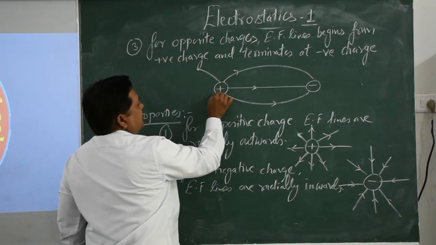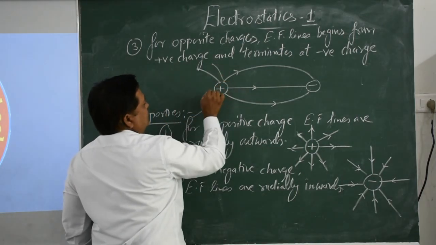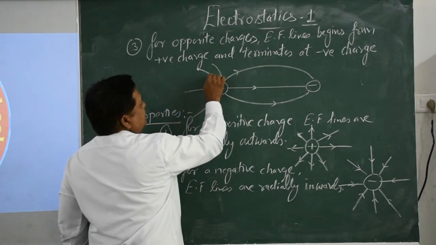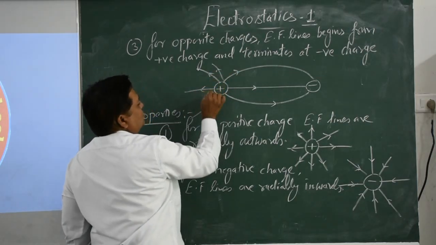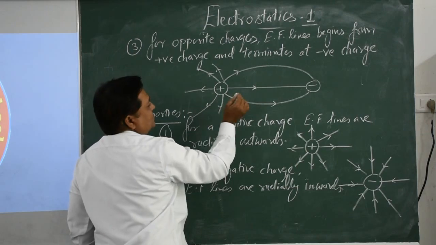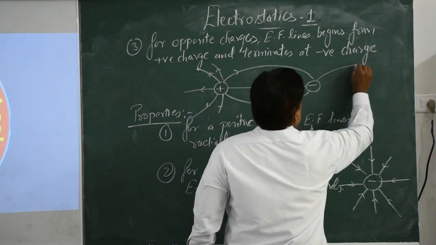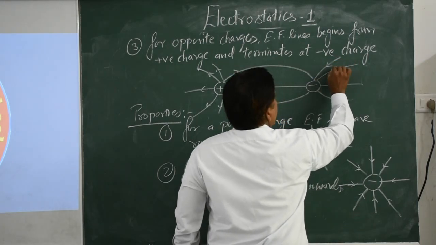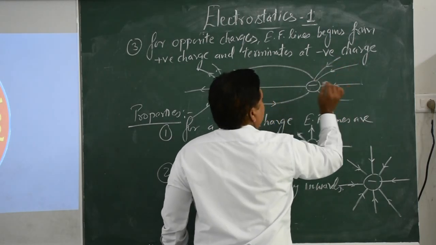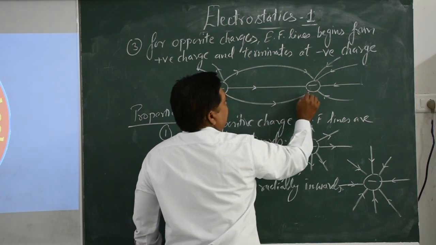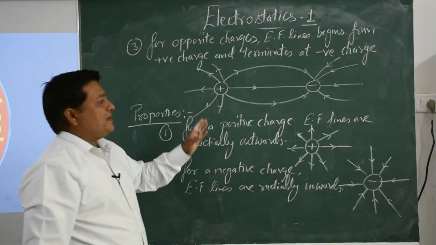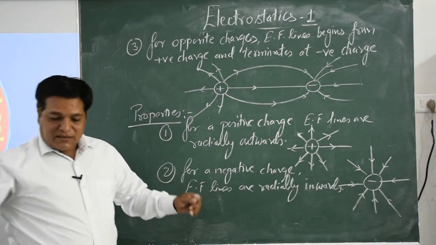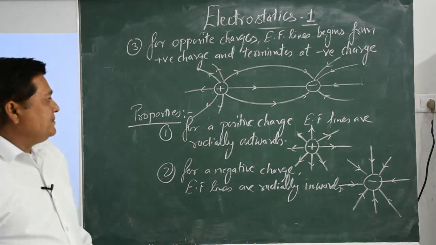And in this way, from the positive charge the lines are emerging out, which means the arrow symbol shows coming out from the positive charge, and here we can consider that these lines are moving into the negative charge, means they are moving inside, means they are terminating at negative charge. This is the third property of electric field lines.